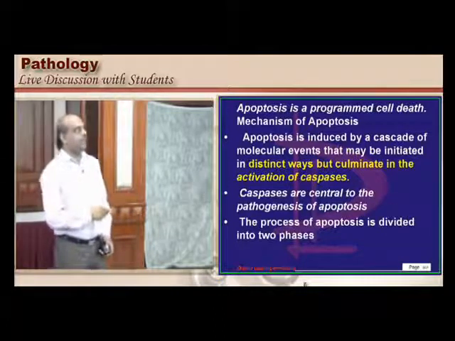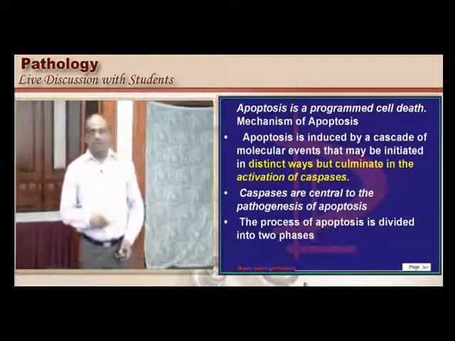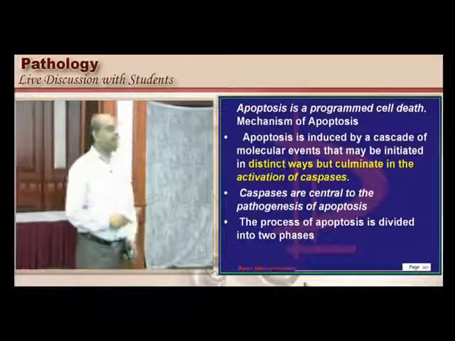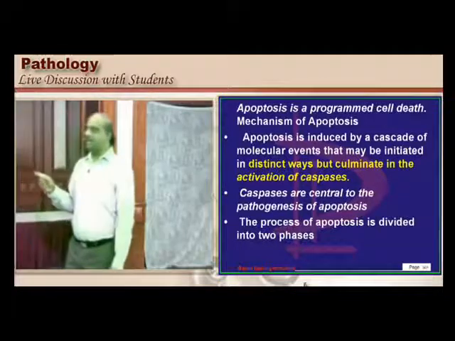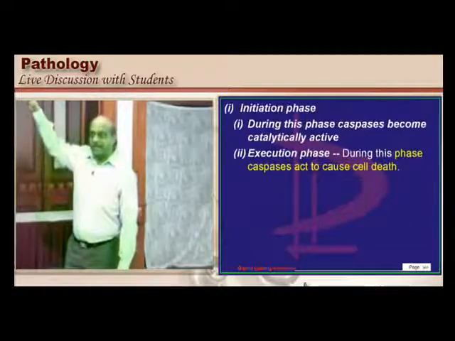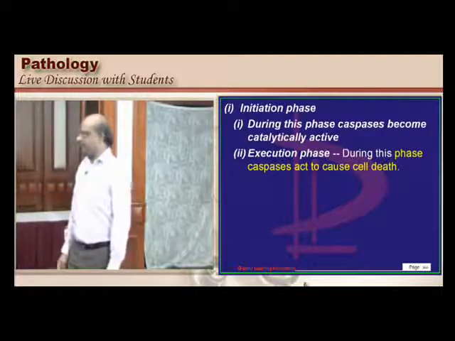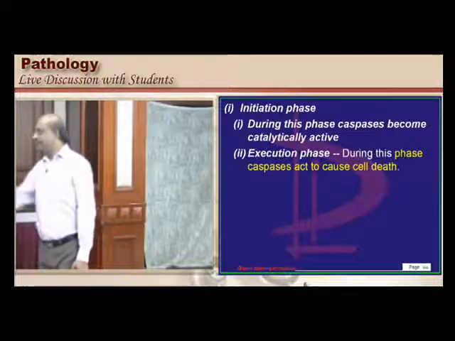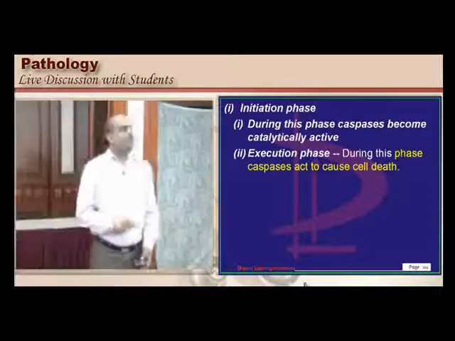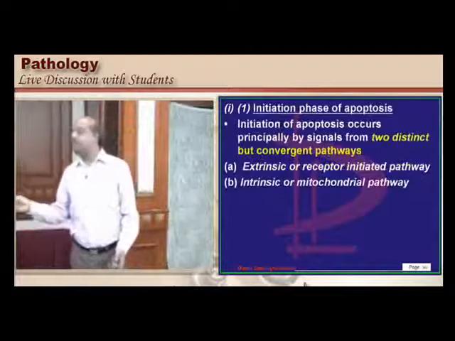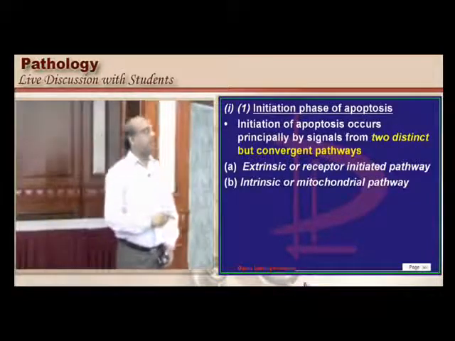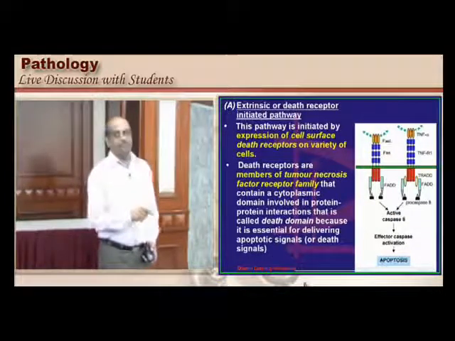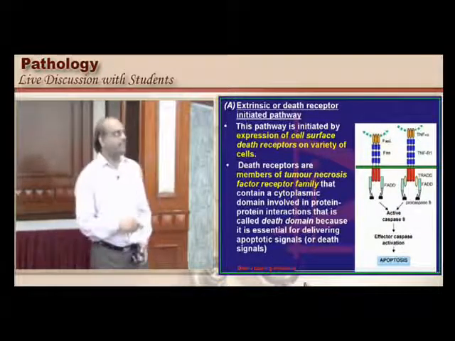Now we come to a very important question. We already discussed the intrinsic pathway. Then what is left over for us? We still have to discuss the CD95 associated extrinsic pathway. Now we are going to have a little once more a fairy tale about what happens in the extrinsic pathway. Fundamentally, in the extrinsic pathway of apoptosis, there is an expression of a cell surface death receptor in a cell destined for apoptosis.